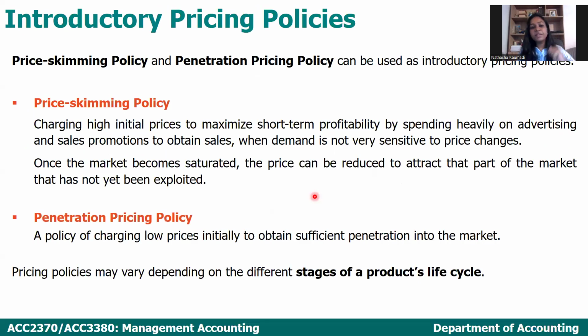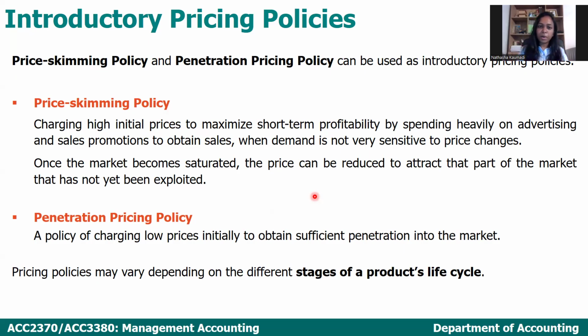Right. And the next part, one before the final part, introductory pricing policies. Now, when we are deciding the prices, you have discussed cost plus pricing, target costing and everything. In organizations, there can be different pricing policies for different situations, right?